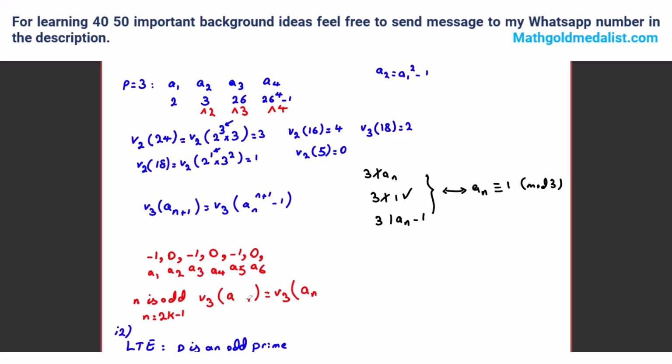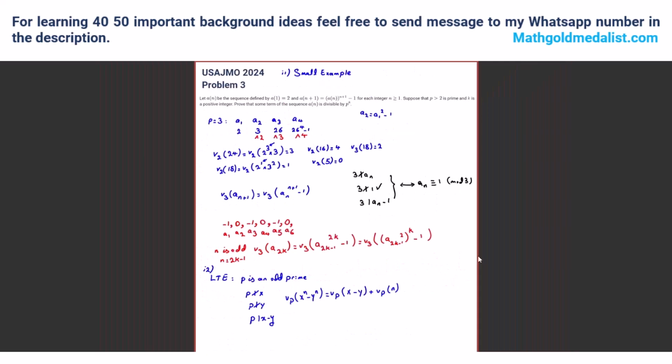Okay, so let's write V3 of a_2k minus 1 to the power of 2k minus 1. And we know a_2k minus 1 is negative 1. So if we consider V3 of a_2k minus 1 squared to the k minus 1, then this part is 1. You can call this one, for example, as x and this one as y.